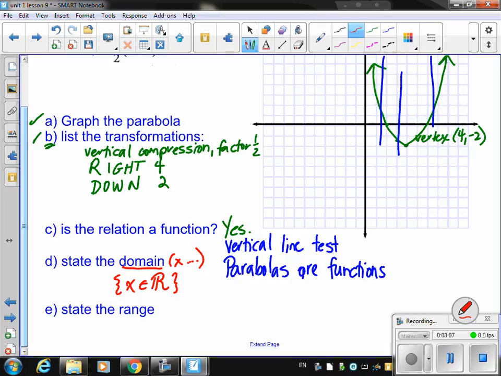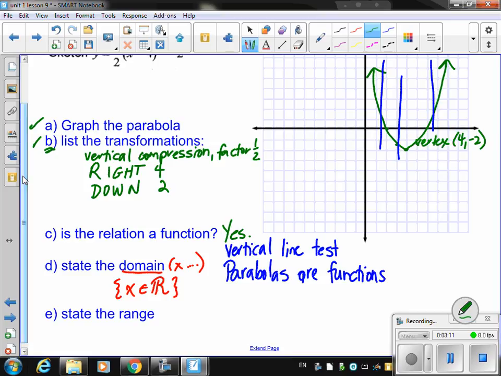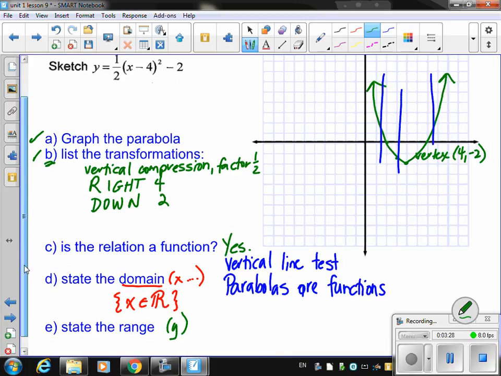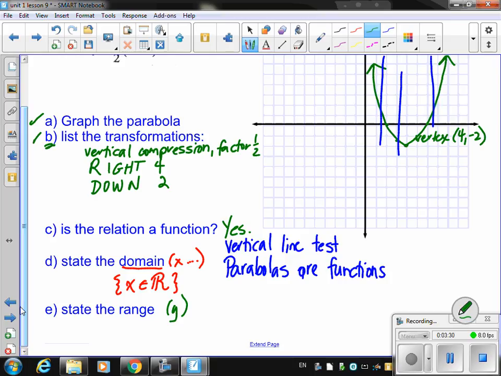My range is the acceptable y values. If you have a look at the graph, you see that it goes up forever and ever, and it includes whole numbers, integers, and all the little bits in between. So y is a real number, but it doesn't go down forever and ever.